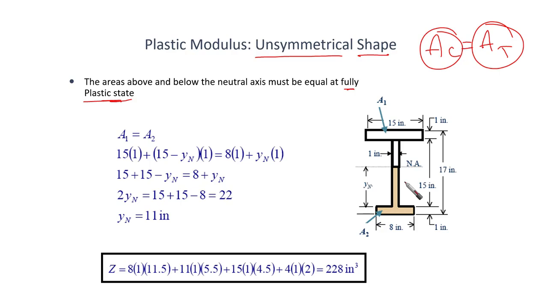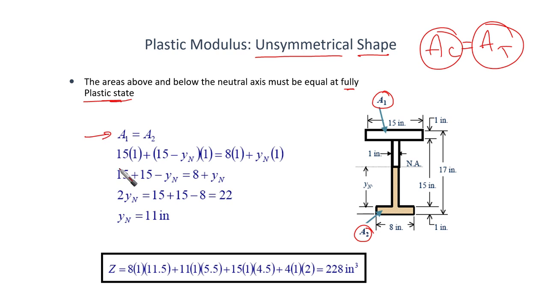So in this case, for example, it's an example only, the first thing that we are 100% sure of is that A1, which is shaded white here, equals A2, which is shaded with this color. So we're going to start with A1 equal to A2.